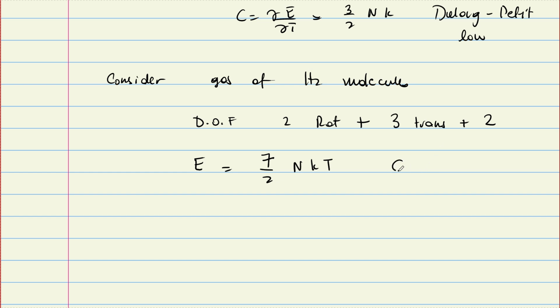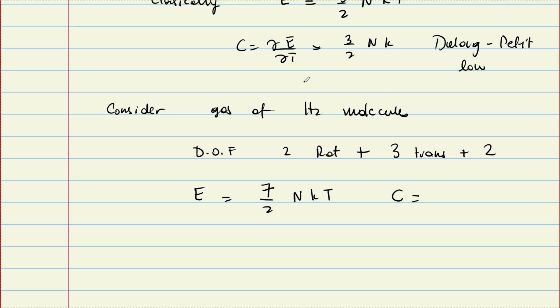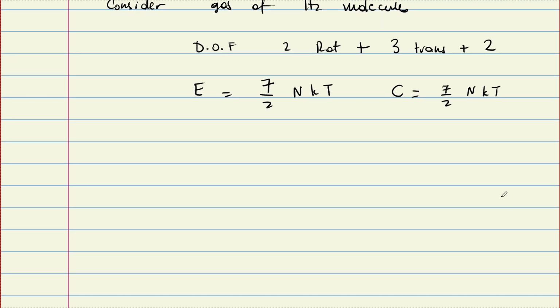And what is C? From this, the formula is given here, del E, del T. C is 7 over 2 nk, right? So that's it. There's no T, so this is constant. But if you do the experiment, that's not what you find. So let me give you the experiment.